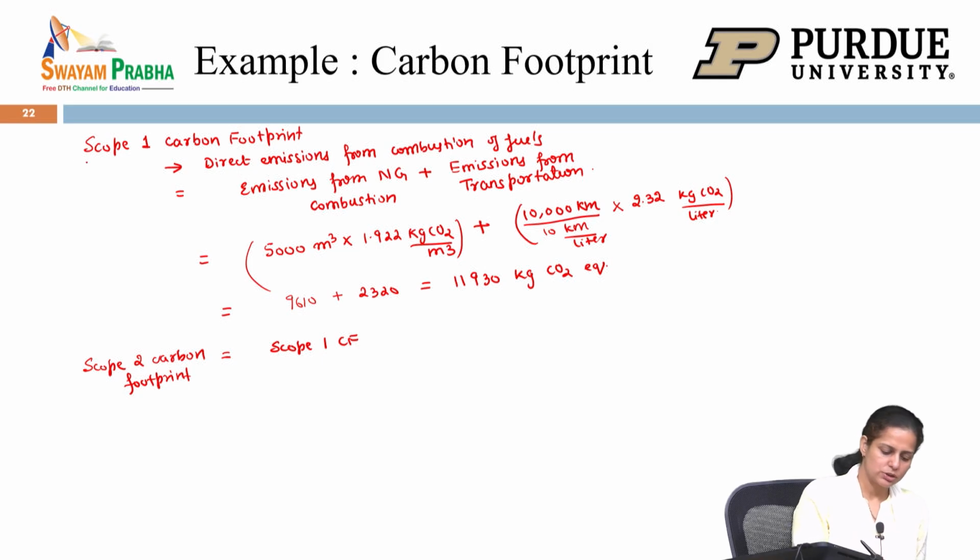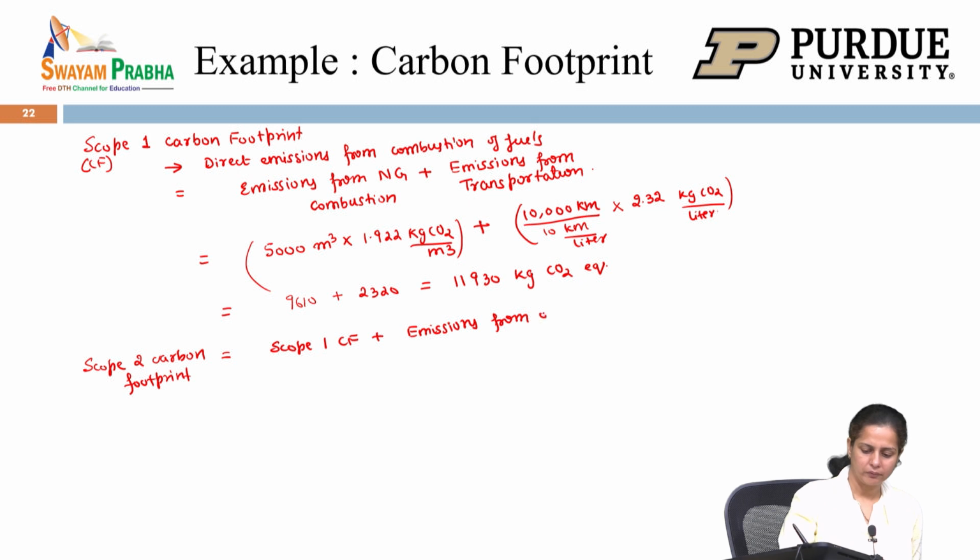So, I will write short for CF for carbon footprint plus the emissions from direct energy input. So, here of course, we have 11,930 plus emissions from electricity consumption.